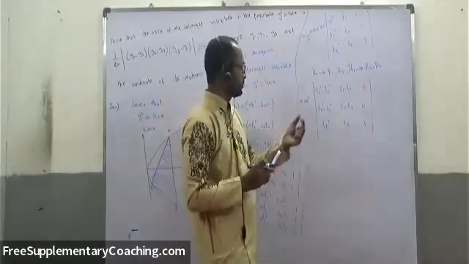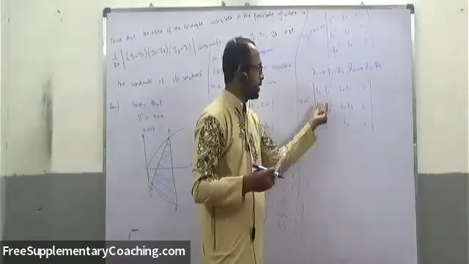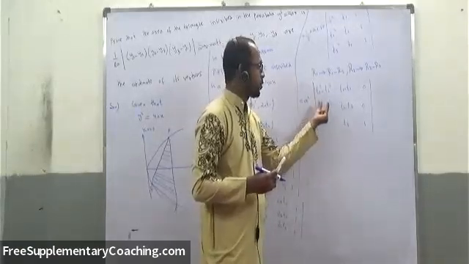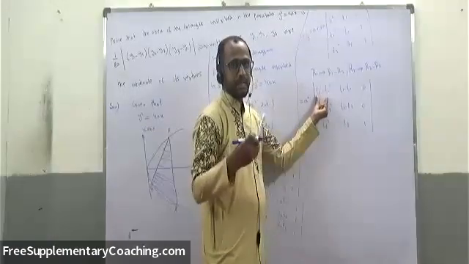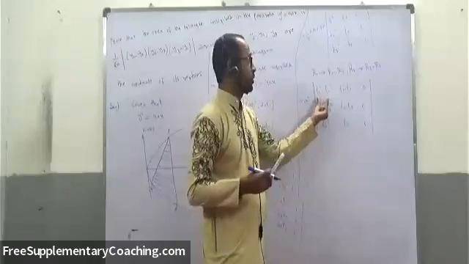See here, this is in the form of A square minus B square, and this is also in the form of A square minus B square. So according to the formula, A square minus B square, what is the formula? A minus B into A plus B. We are using the basic algebraic formula.